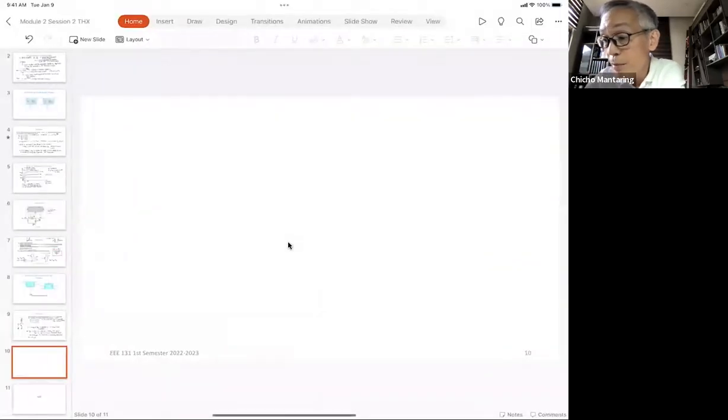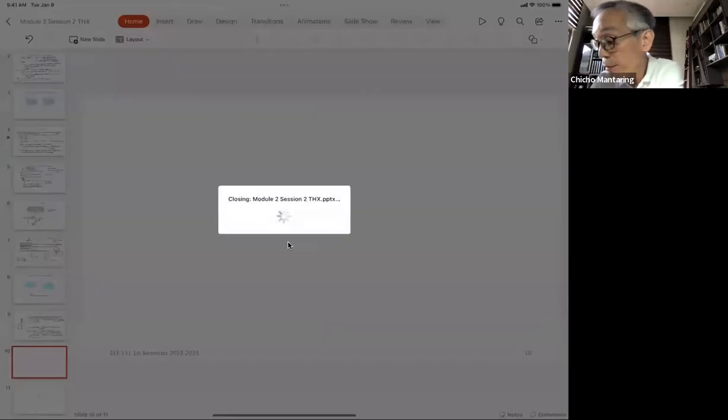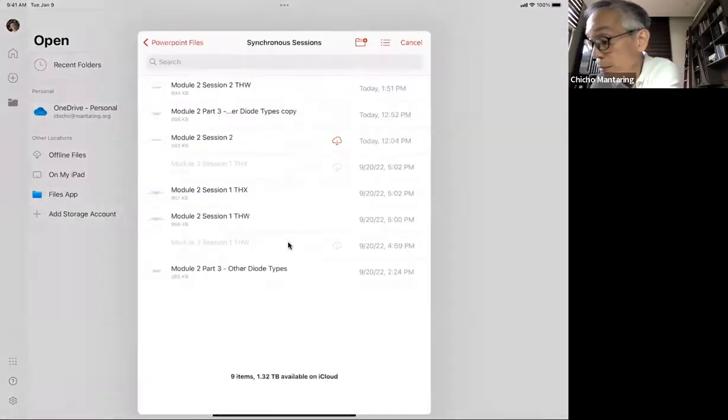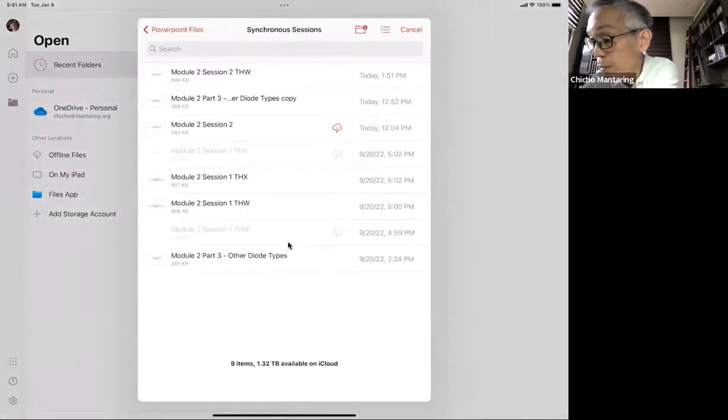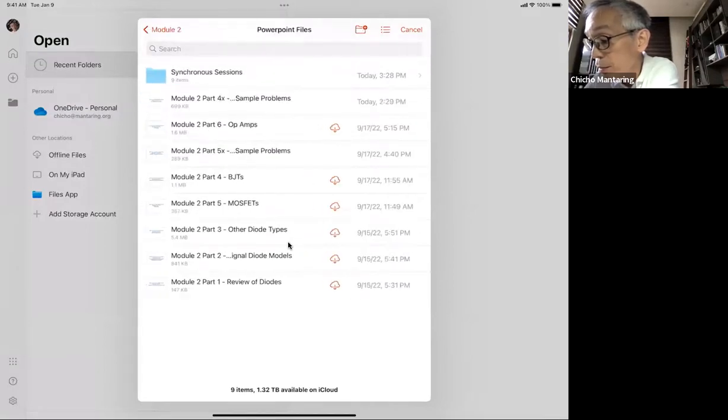I'm going to shift to the example problems that I gave. I'm not going to go through it in detail, but let me just go through it very quickly. Sorry.